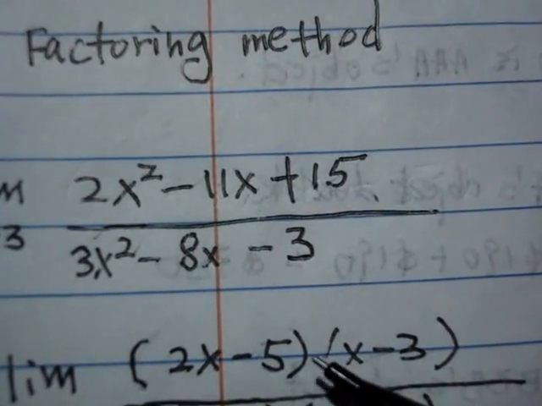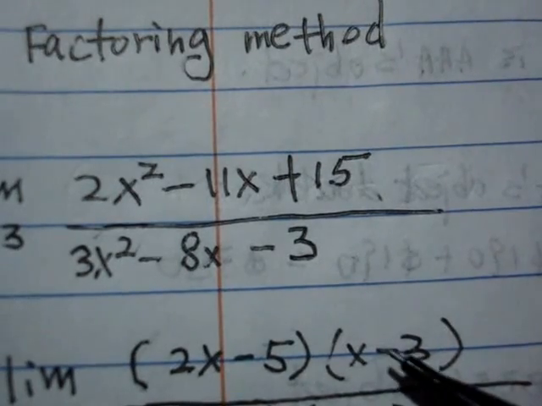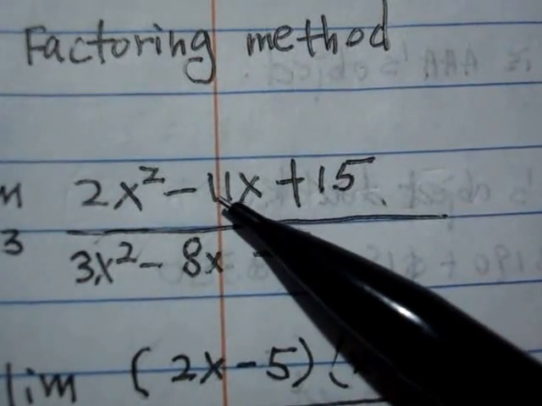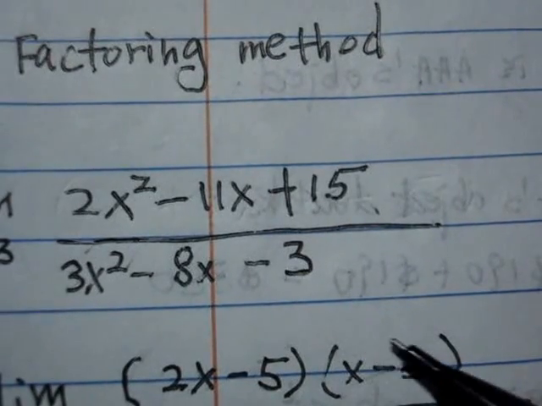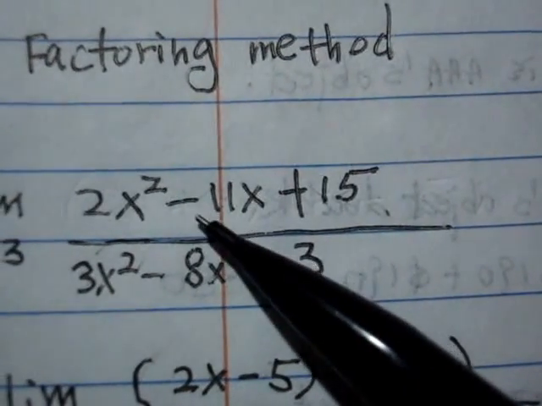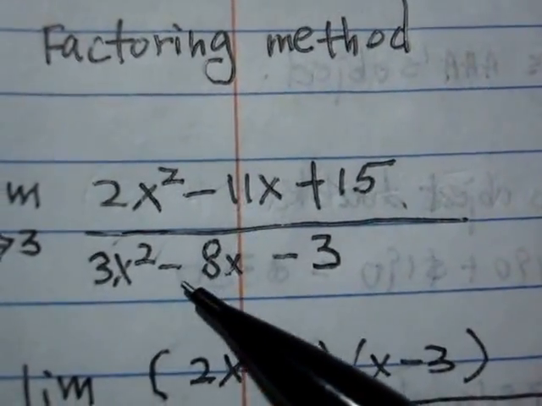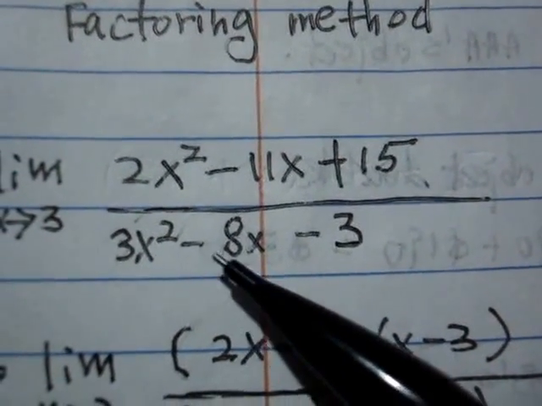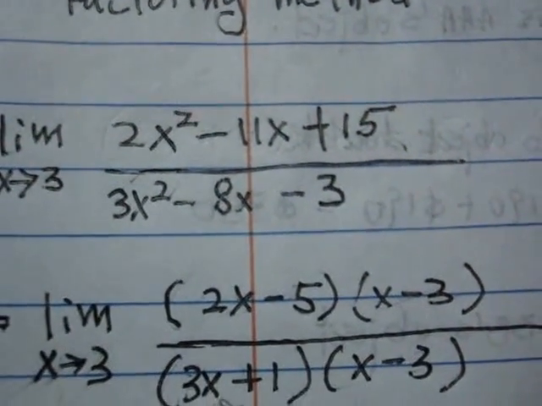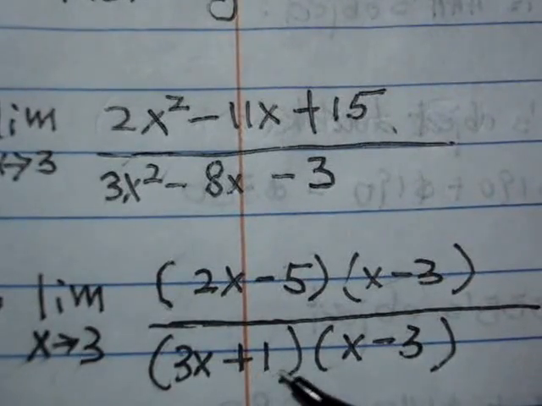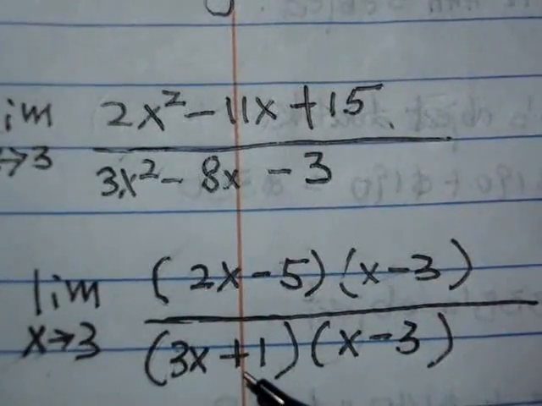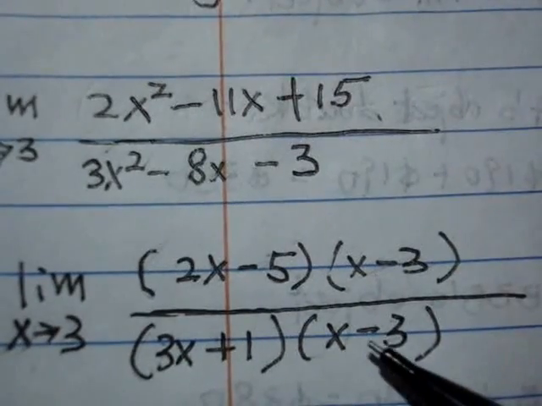So negative 5x minus 6x is equal to negative 11x. This is the factoring method. So once you factor the numerator, you do the same thing to the denominator. You factor it out. So for the denominator, the factoring becomes 3x plus 1 times x minus 3.